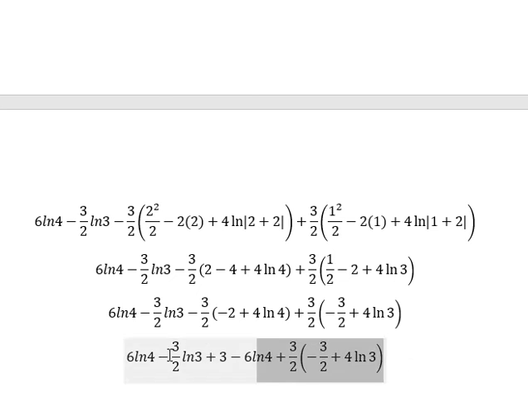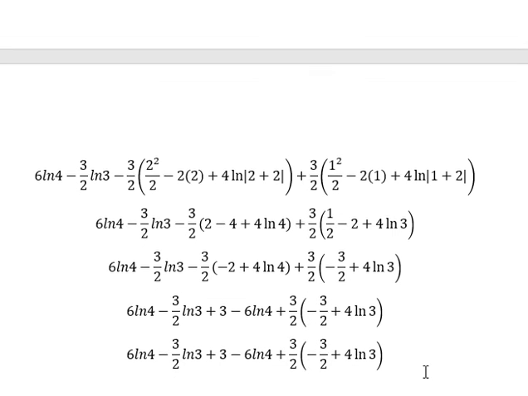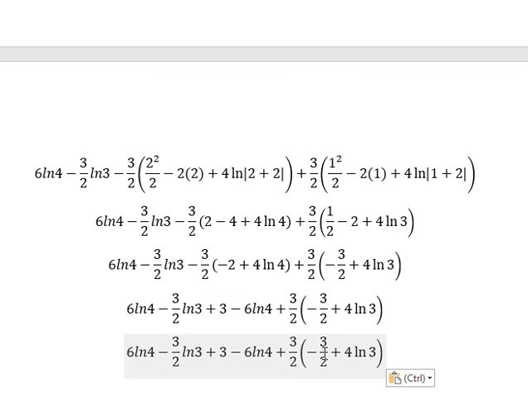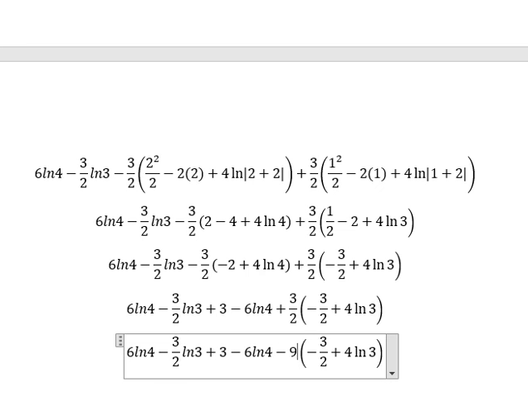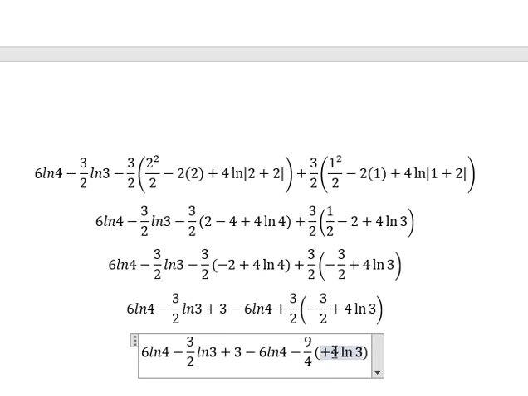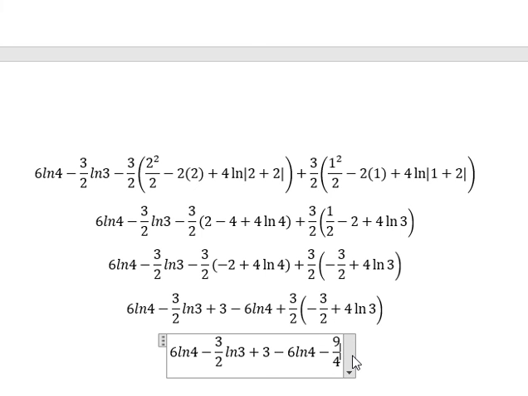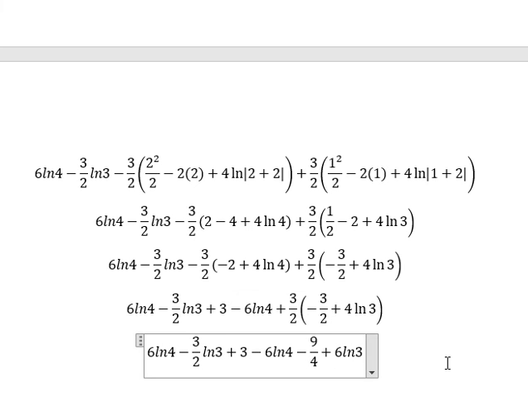Next, 3 over 2 multiplied by negative 3 over 2. You got negative 9 over 4. And 3 over 2 multiplied by 4 ln 3. You got 6 ln 3.